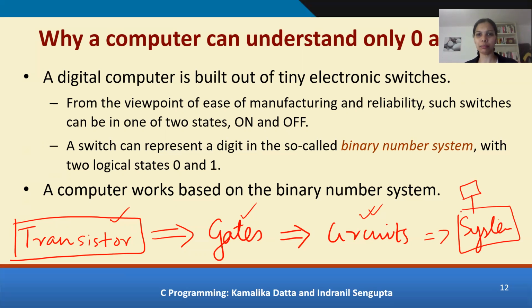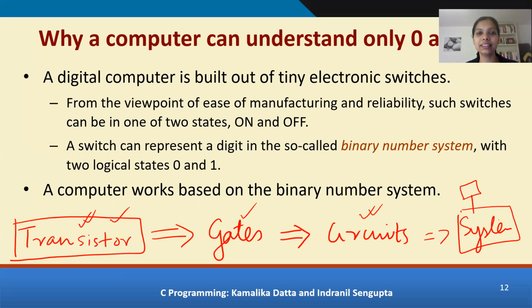There will be a control unit, and many, many other things. Many circuits together perform the whole task of your computer: taking input, processing it, storing it in memory, outputting it, everything. Many such circuits combine together and deliver your task. But the basic thing is the transistor.